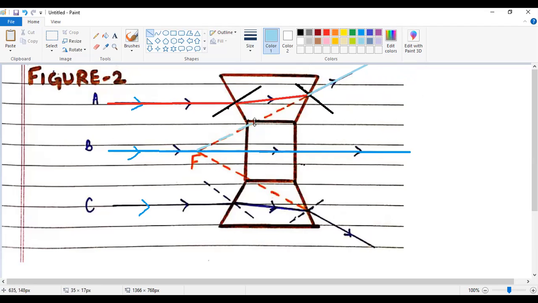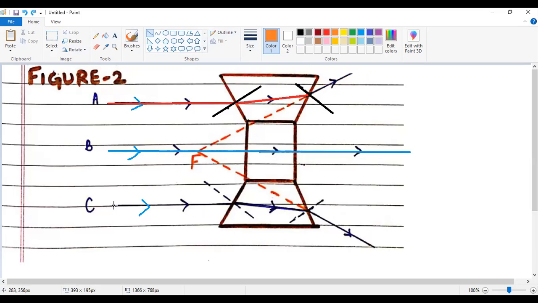If we produce the emergent line backward, you will see a point where this line is meeting the central line, and we will take that point as point F, that is focus. So students, the line emerging out of the prism is actually meeting at point F. The backward production has to be shown dotted.